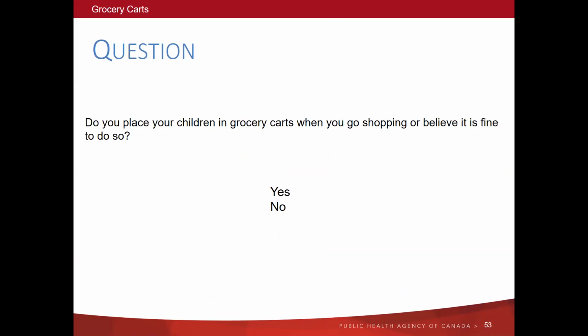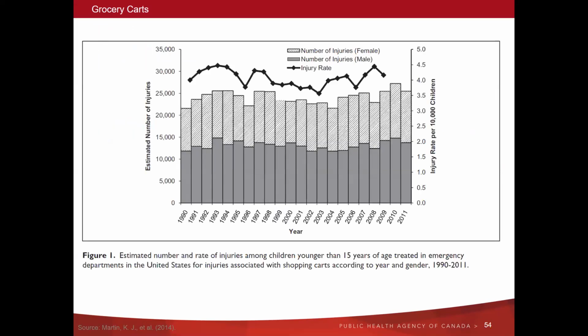But looking at the existing data, this is a figure from a study using data from the National Electronic Injury Surveillance System in the US. Across the x-axis are the years that the study was under observation. Across the y-axis is the rate of injury per 10,000 children.